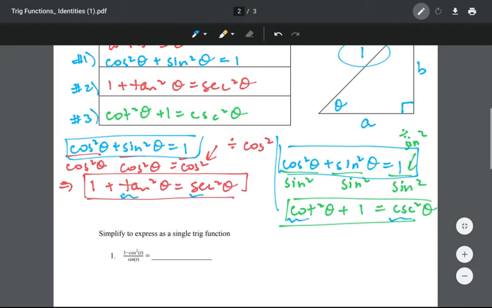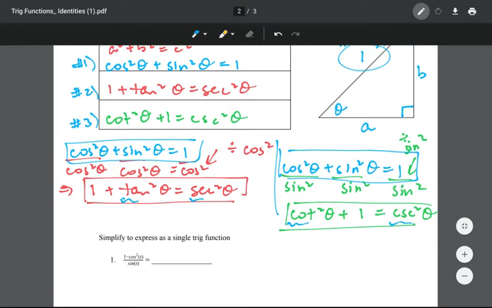So we're going to be using those 3 identities, but again simplifying expressions to a single trig function as we had up above. In number 1, I've got 1 minus cosine squared. That tells me that I want to use the first version of that identity. If I rewrite it and bring the cosine squared to the other side, I get sine squared by itself is equal to 1 minus cosine squared.